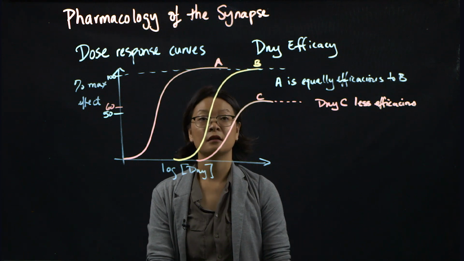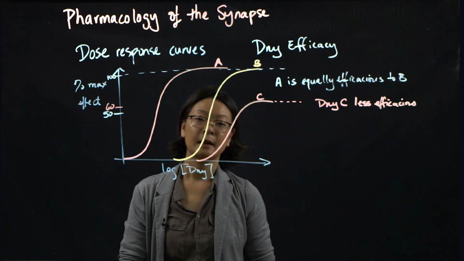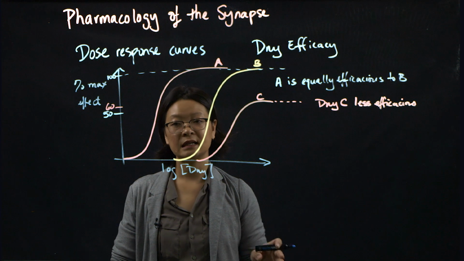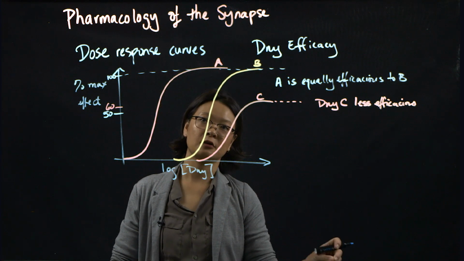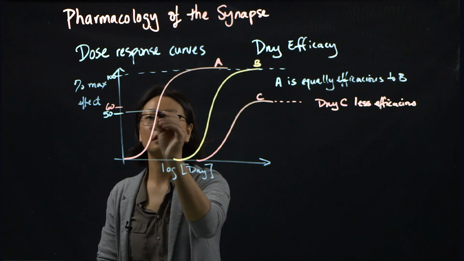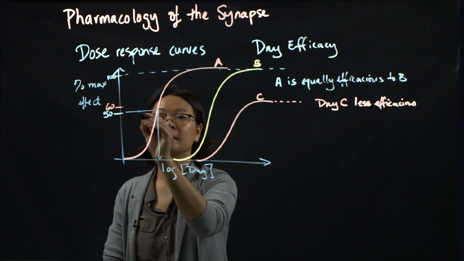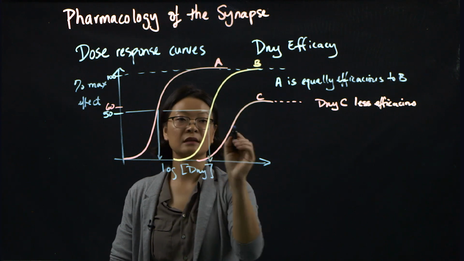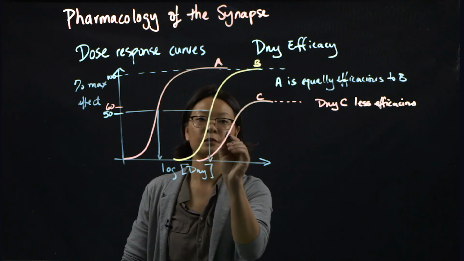If we revisit the concept of potency now, again, potency is taken off of the EC50, but it's the EC50 of that particular drug's 100%. So drug A's potency would be here, B's potency would be here, and drug C's potency would be here.